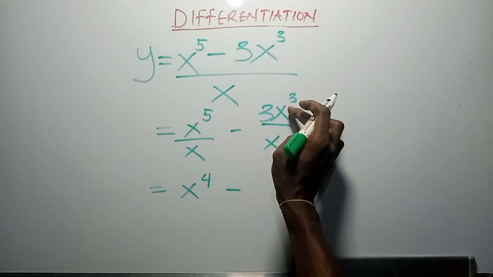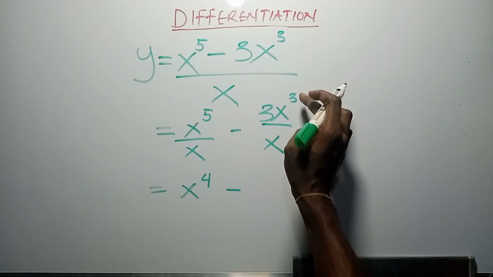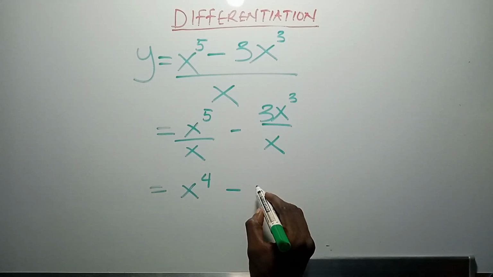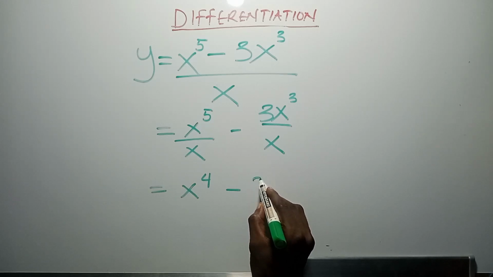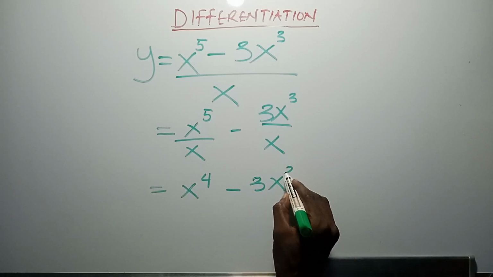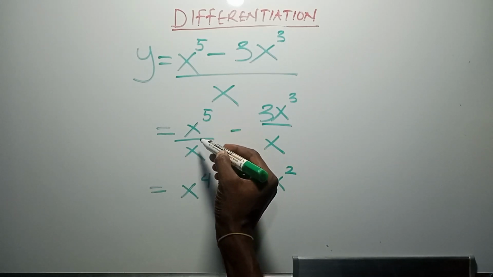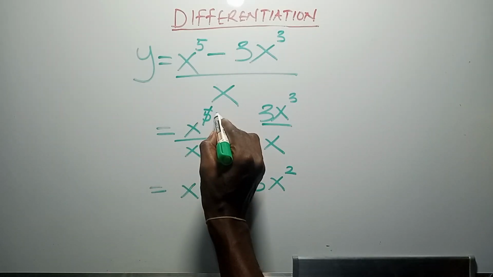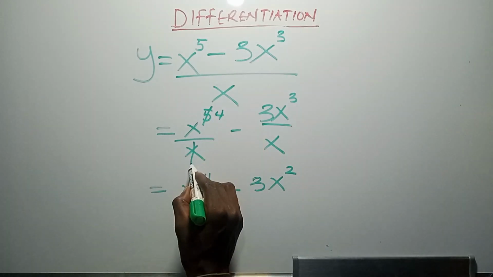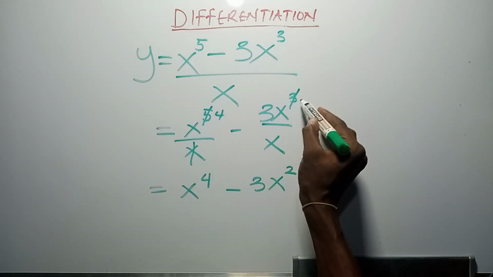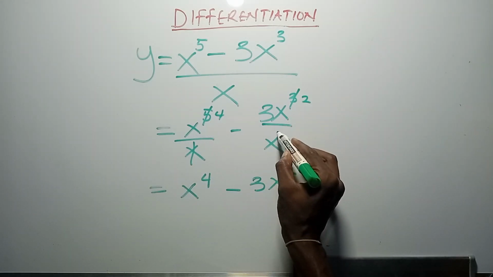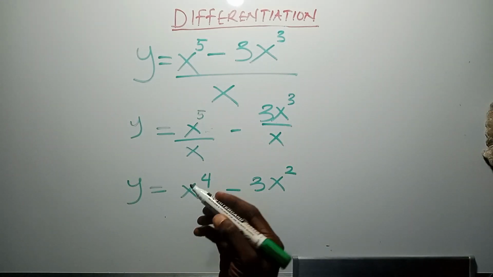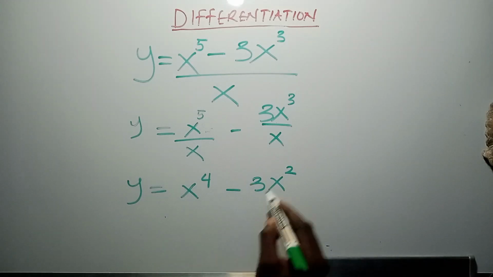And if we divide this by this, x cubed divided by x, we'll be left with 3x squared. One of the x's here would take care of this one, and one of the x's here would take care of this one. Now we can differentiate.